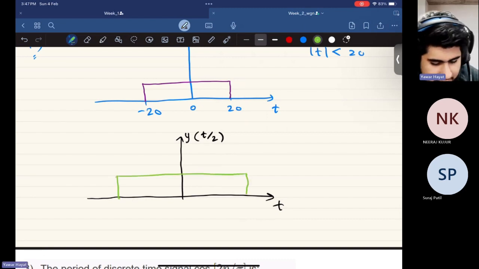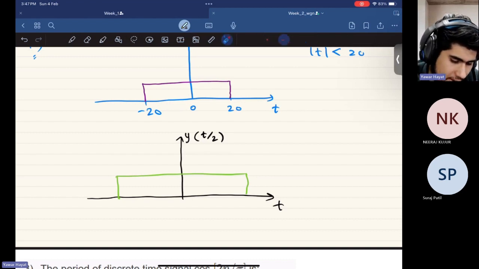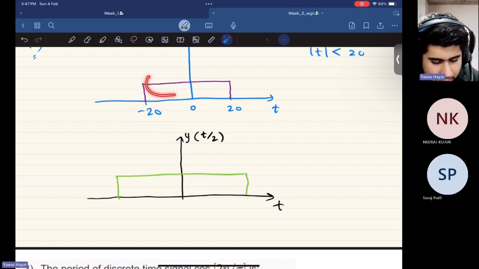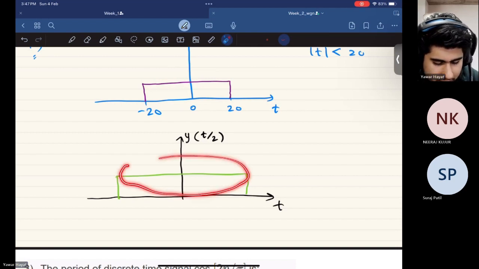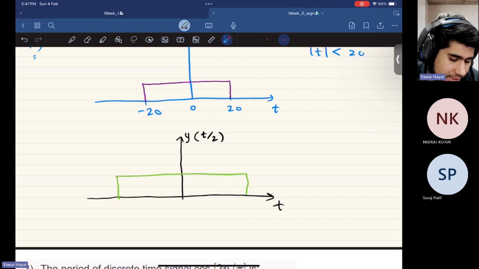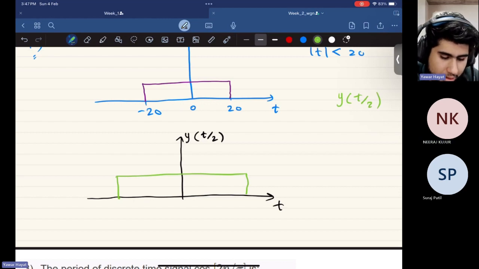Since this is a time scaling operation, the only thing that would change is these limits, and the behavior of the signal is the same throughout, so it would remain like this. To obtain these limits, I need the signal y of t by 2, right?